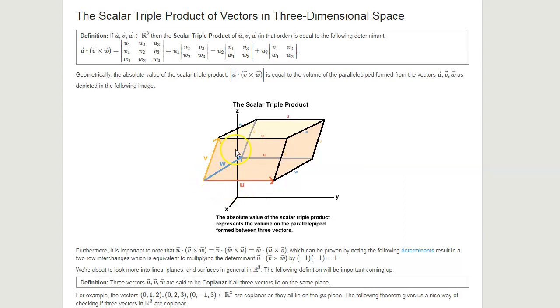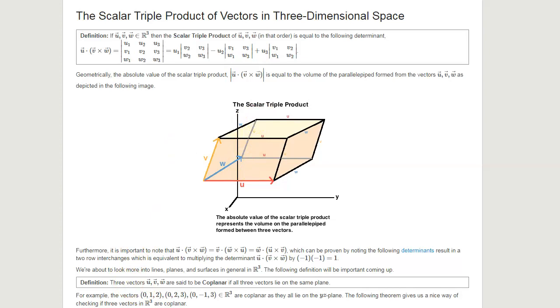If u, v, and w were at right angles to each other, then this would be an actual box. But this is called a parallelepiped, and the volume of that parallelepiped is just the absolute value of the scalar triple product. Now, the scalar triple product could end up giving you a negative number, like -19 or something, but that's fine. The volume would then be +19.